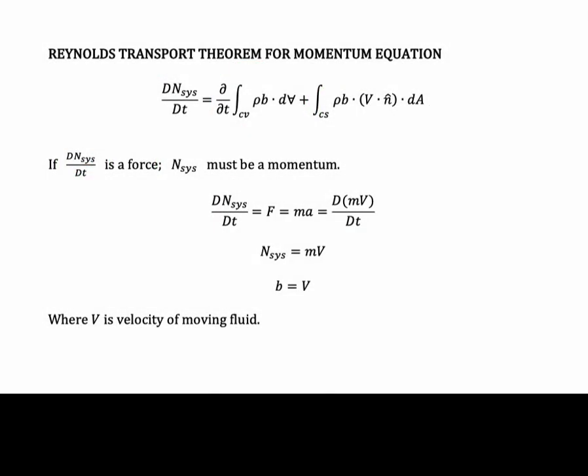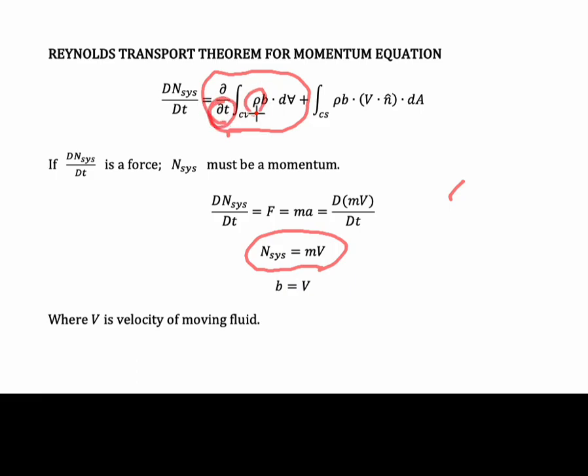In this situation, if the N here is momentum, it must be written as mv. And then if we check the equation here, to make sure that the equation will reflect the force, we already have t here.